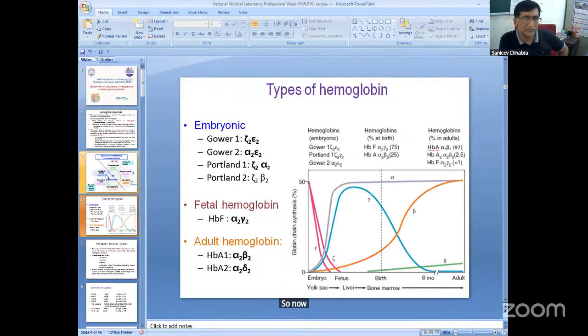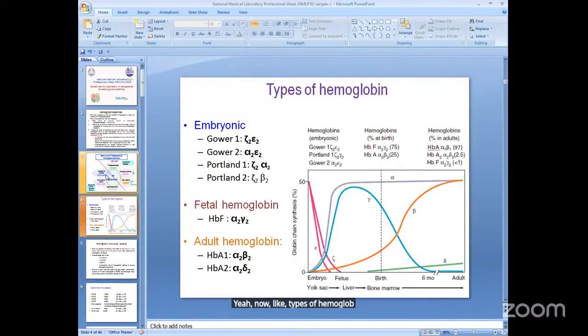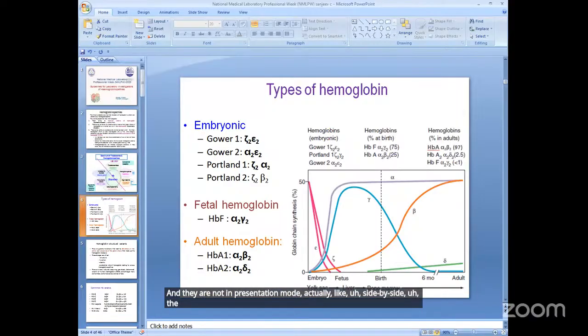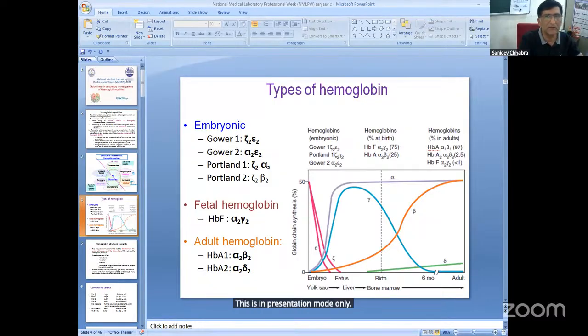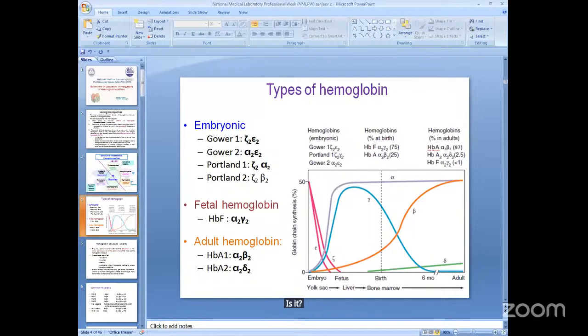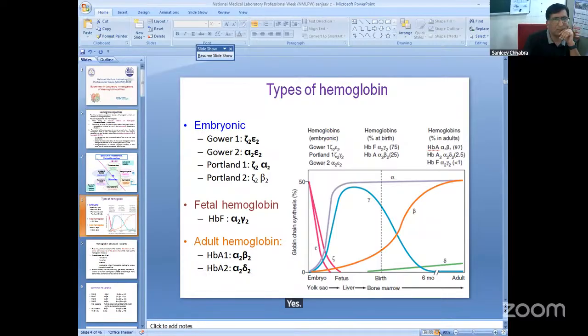Sir, now is it moving or not? Yeah, now it shows types of hemoglobin. They are not in presentation mode actually. Side by side, the trail of the entire PPT is there. Sir, please press F5. Presentation mode. This is presentation mode only. Is it? Yes, sir.